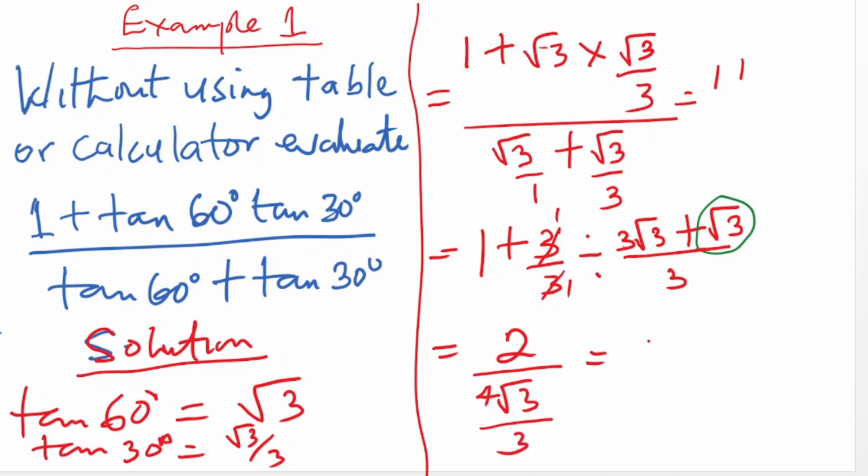So this will then be 2 times 3 over 4 root 3. I hope I'm making sense. So this will then give us 6 divided by 4 root 3.